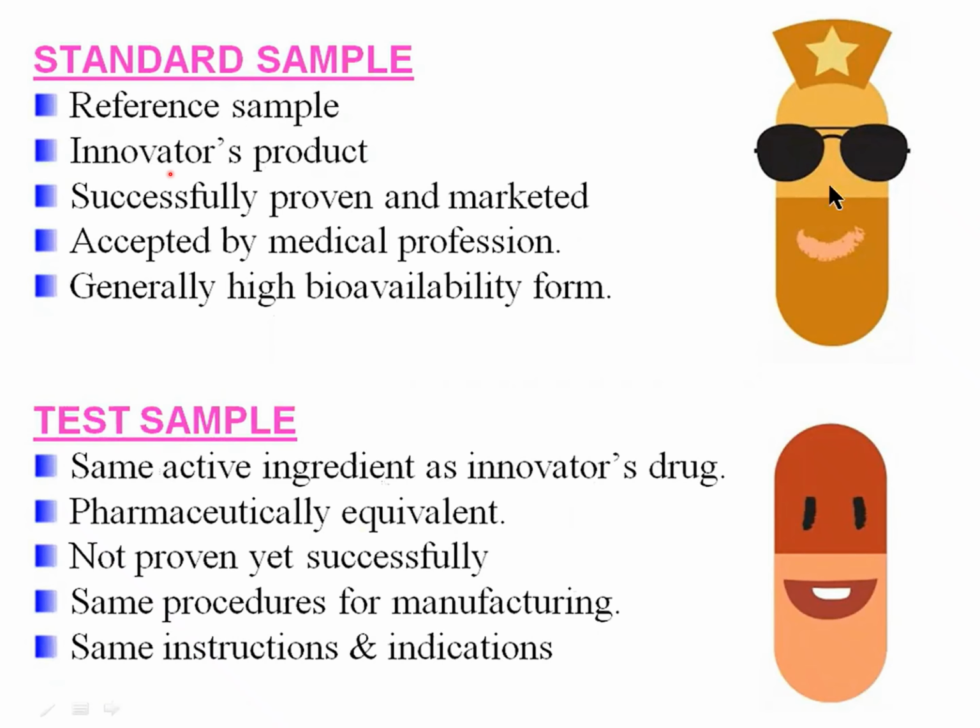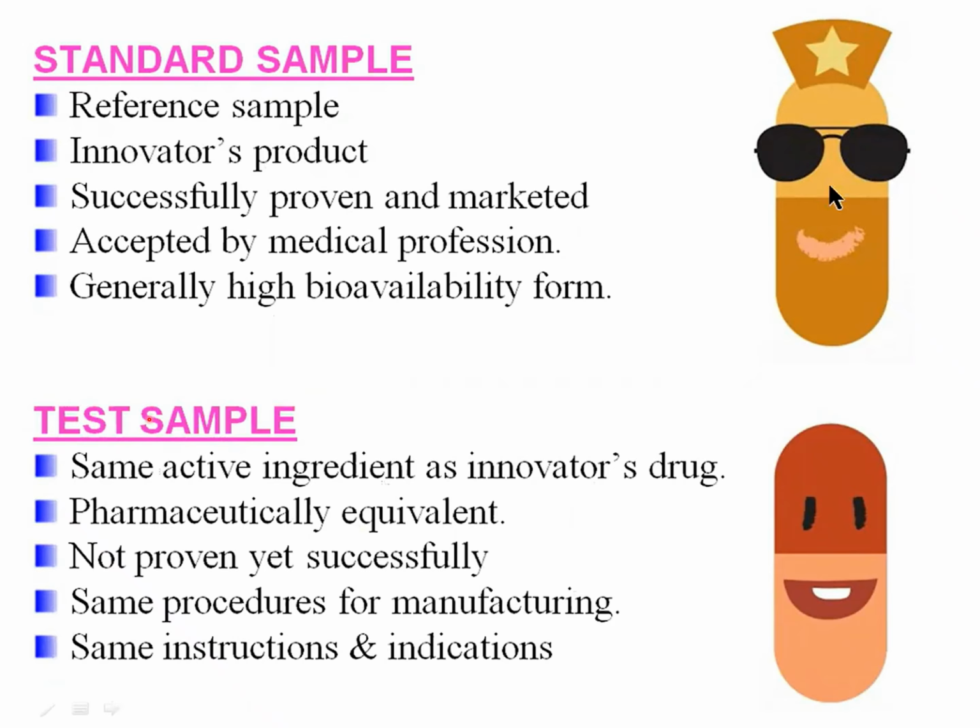Now let's see different terms which are used in bioequivalence or bioavailability studies. Standard sample is the sample with which we compare our test sample. It is also called the reference sample. It is the innovator's product, successfully proven and marketed, accepted by the medical profession, generally a high bioavailability form.